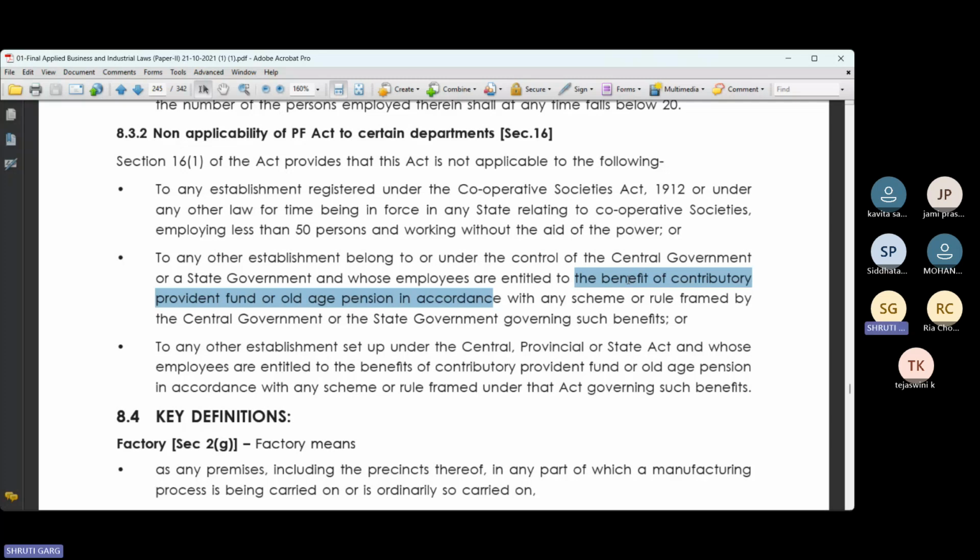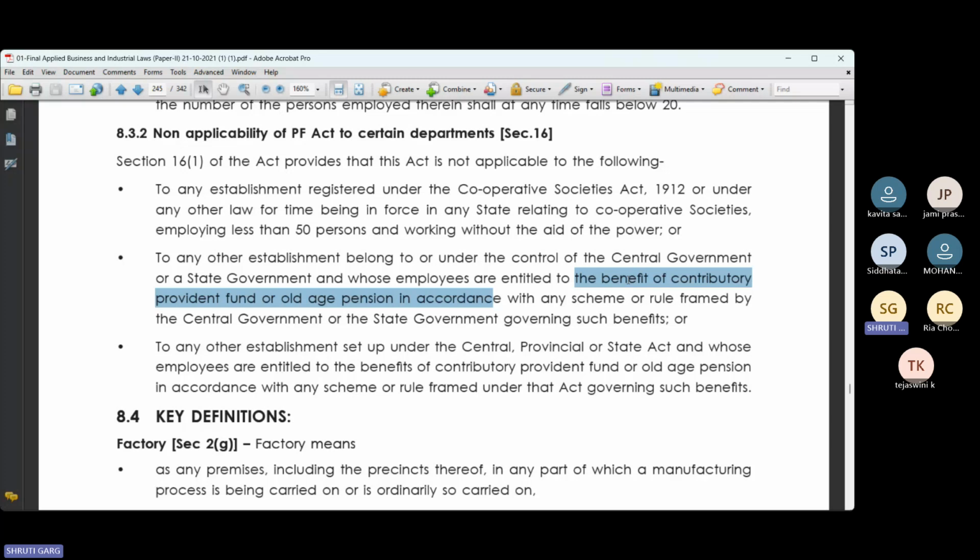Any other establishment which belongs to the central government or state government, which are entitled to the benefit of contributory provident fund or old age pension in accordance with any scheme.